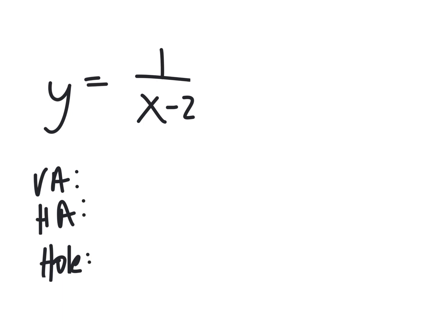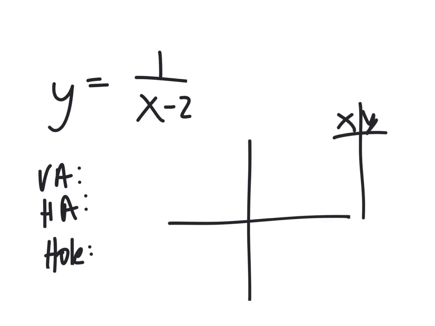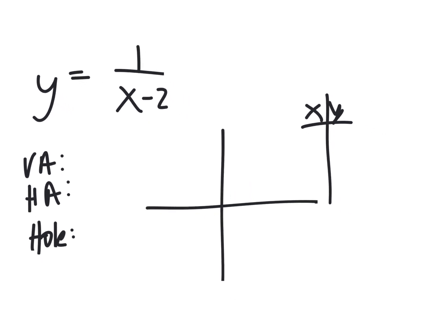And then graph it with an x and y axis and an xy chart. To do this, you have to have at least 2 points that aren't the asymptote, 2 nice clean points, and then you can just draw the lines. I'm going to pause for a second while you try that one.